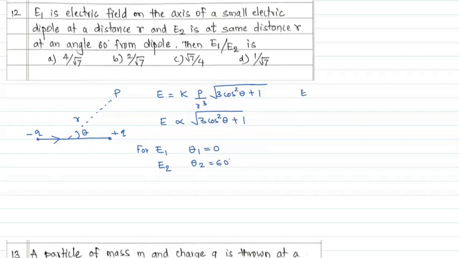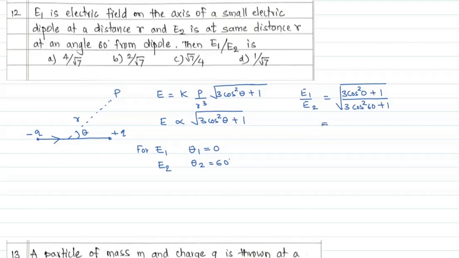So E1 by E2 is equal to root of 3 cos square 0 plus 1, divided by 3 cos square 60 plus 1.